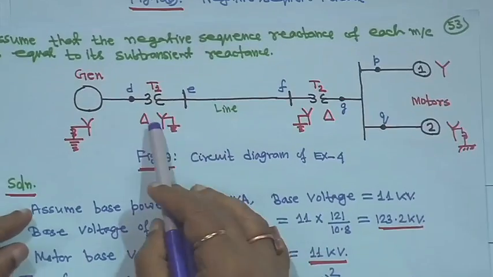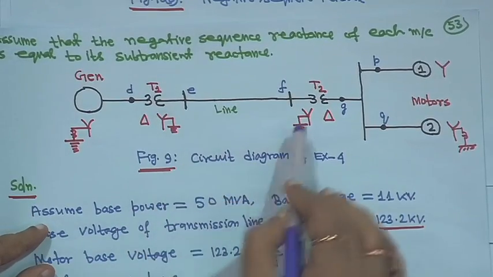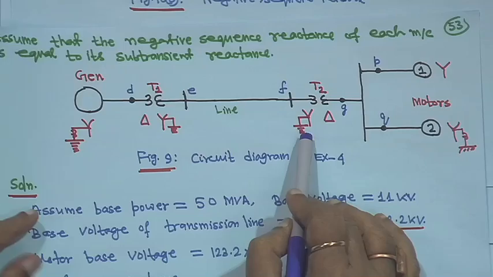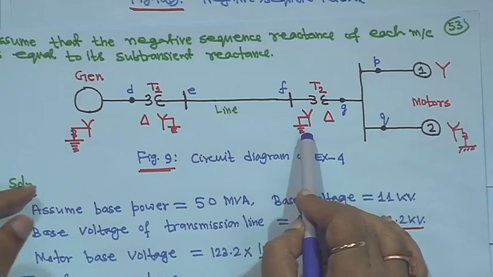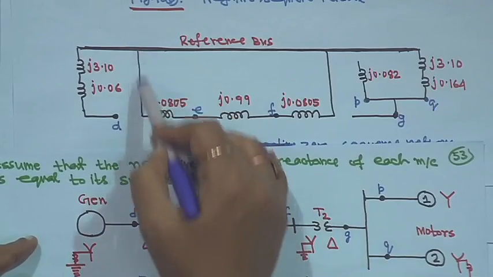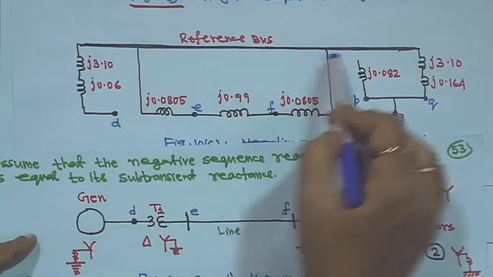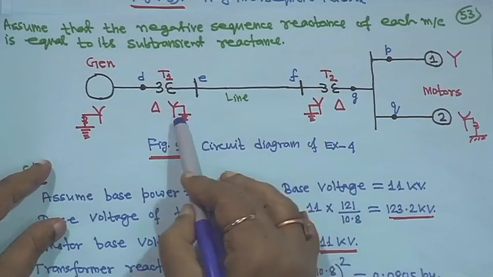Next the line side will come. Both ends are grounded, so there is a path for the zero sequence current to flow. That is why this is connected to the reference, and this is also connected to the reference.